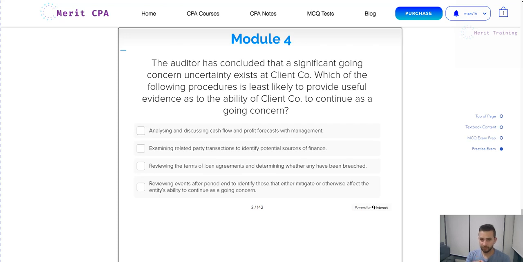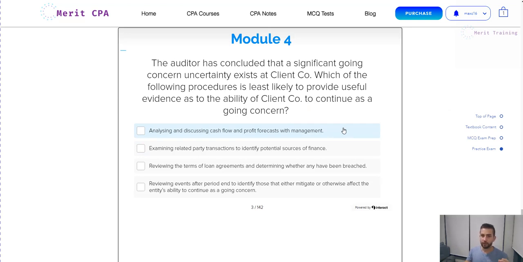So let's leave that one to the side, probably correct. So B is examining related party transactions to identify potential sources of finance. Look, a related party transaction, particularly one specified as a source of finance, is going to be a historical thing, right?